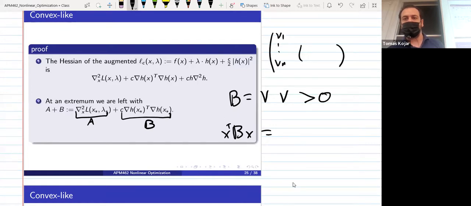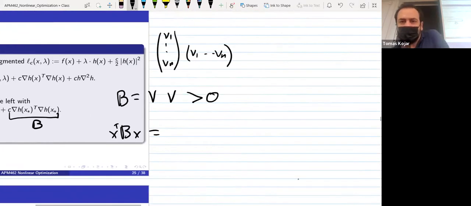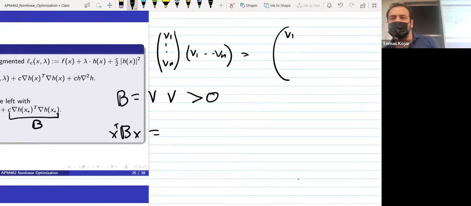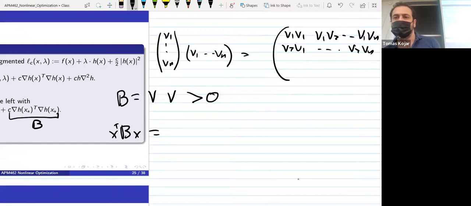V1 to Vn, V1 to Vn, and you have the following matrix. So you go V1 V1, V1 V2, V1 Vn, V2 V1, V2 Vn, and then Vn.